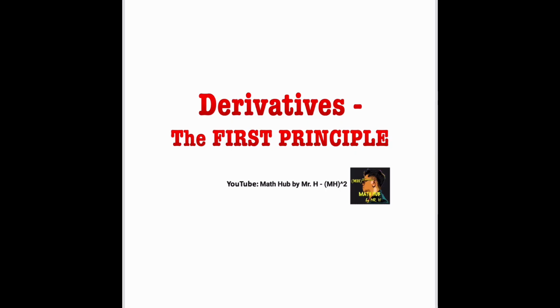In this short video, I will discuss with you how to find the derivative of a function using the first principle, or what we call the definition of derivatives. But before we jump straight into the very first example, let's take a look at the important concept that we need to remember.